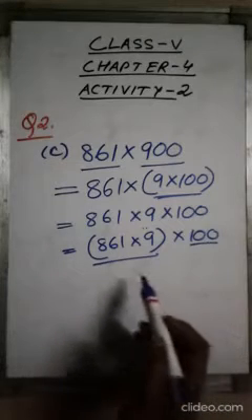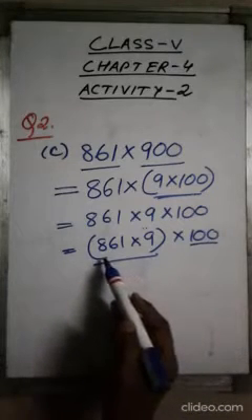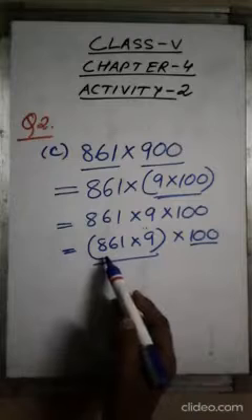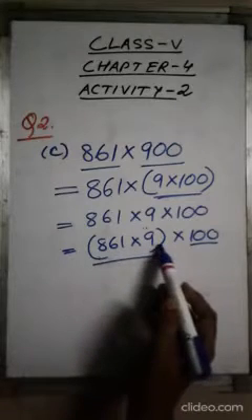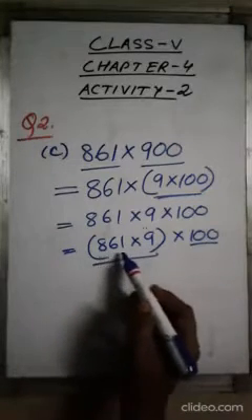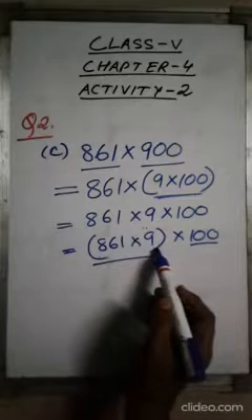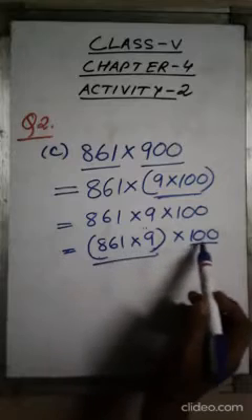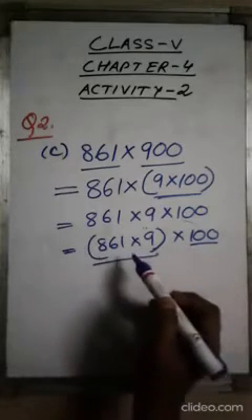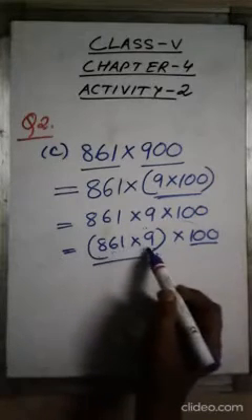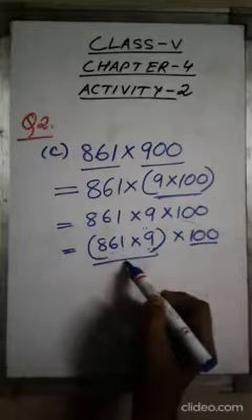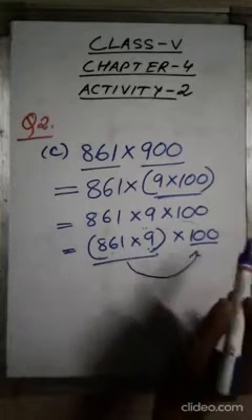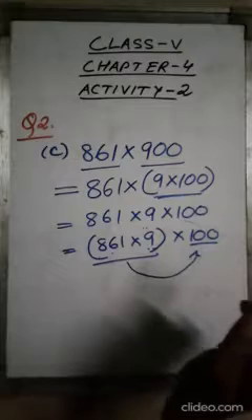As you know, I had told you earlier in one of my classes that whenever there is a bracket, you have to do the calculation within the bracket first. So in this multiplication, you have to multiply these two numbers, then only the result can be multiplied by this.